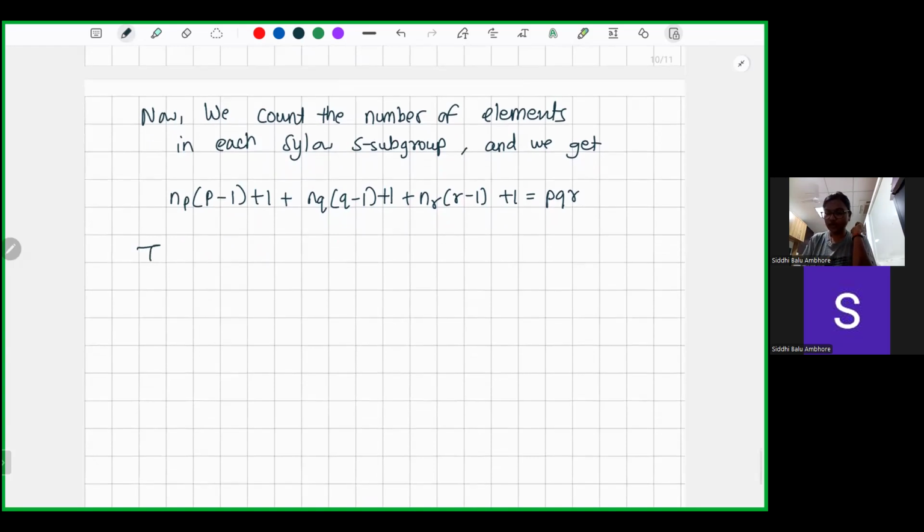So this shows that PQR is NP into P minus 1 plus 1 plus, I mean the same I'm repeating here. Let me just copy.